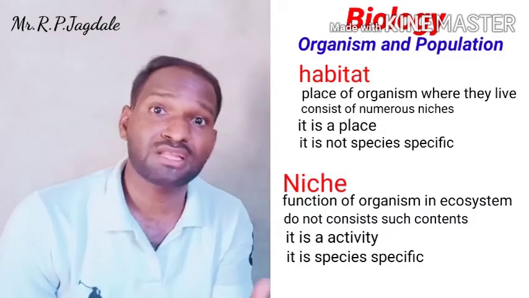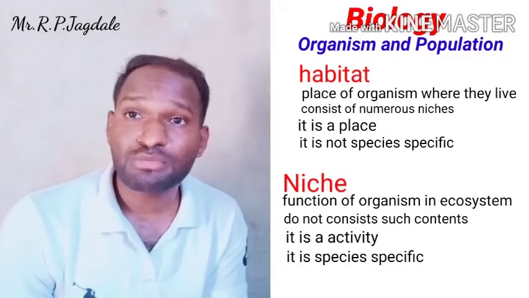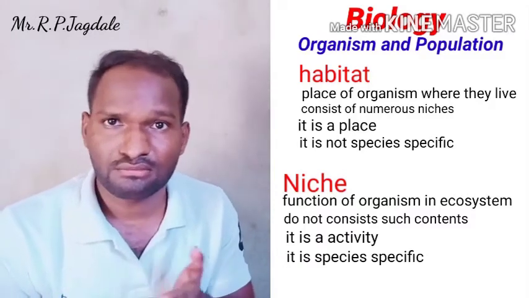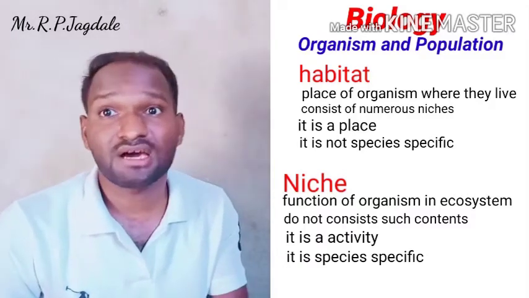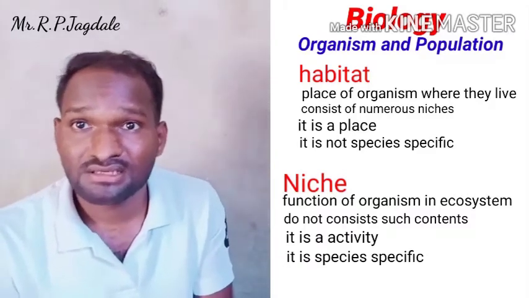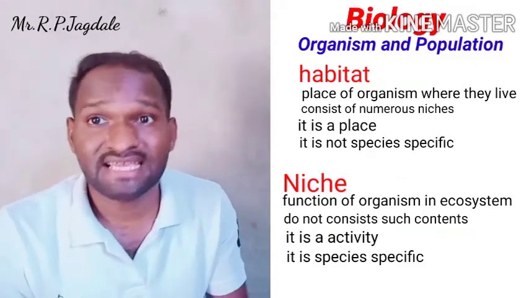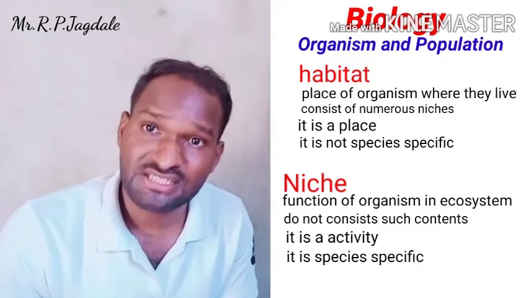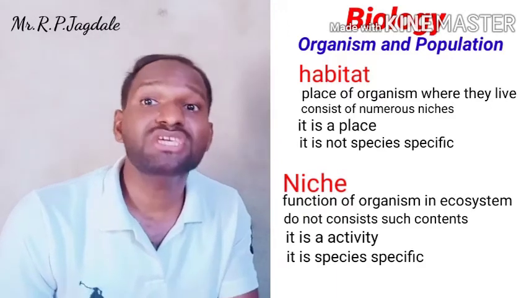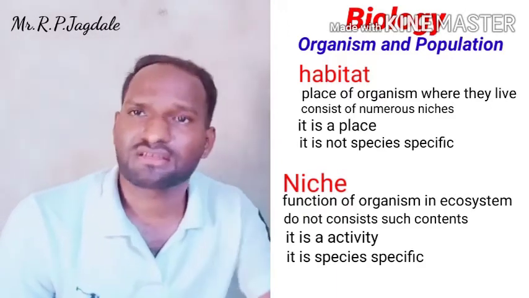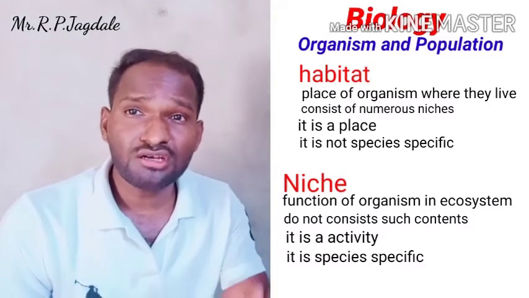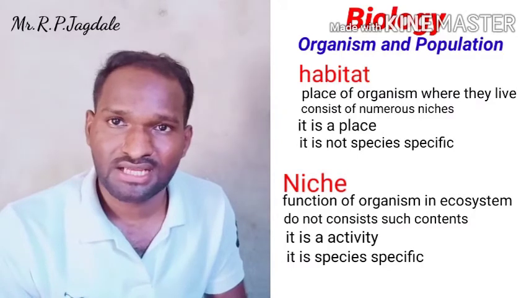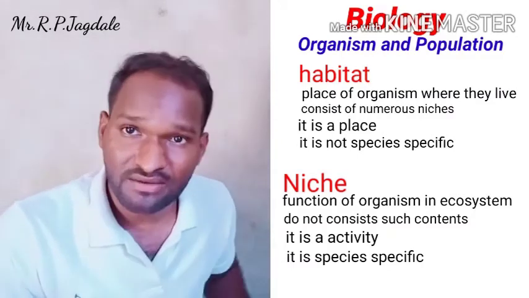The environment or the habitat or the place is not meant for only one organism. There are some tigers, but there are also some ants, some snails, some snakes. So habitat is not species specific, but the niche is species specific. That means the function of that organism is nothing but the niche, and it is very species specific.